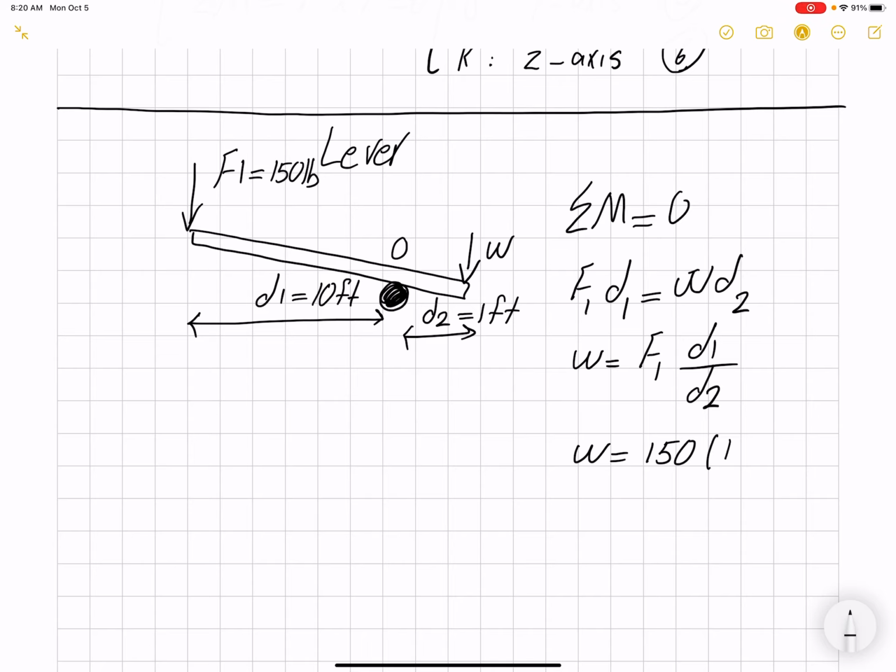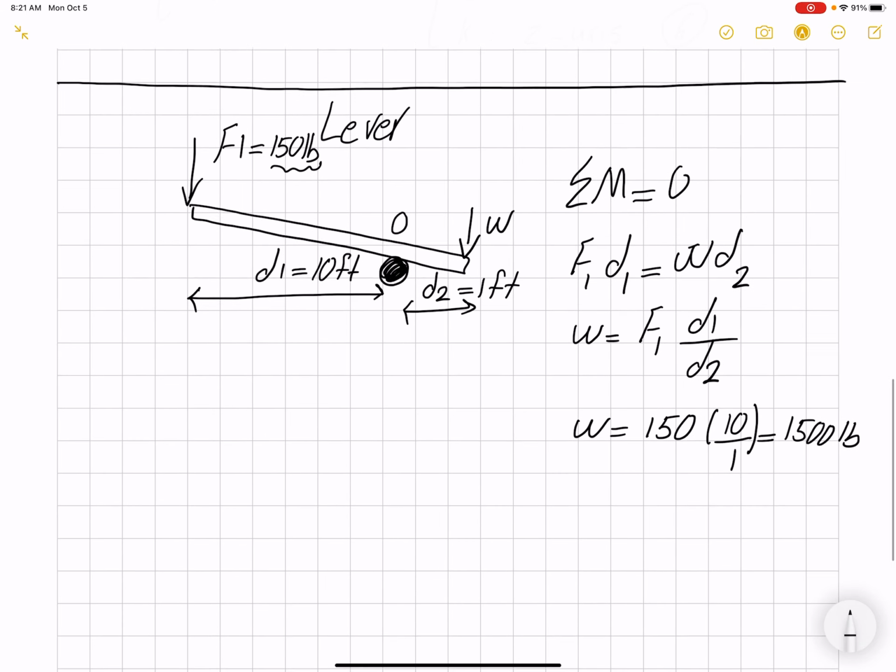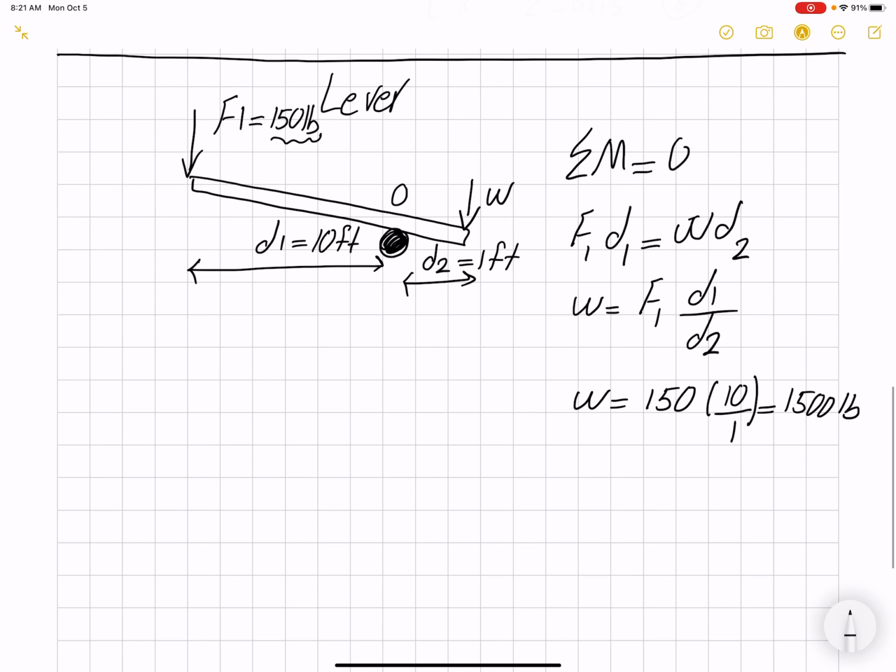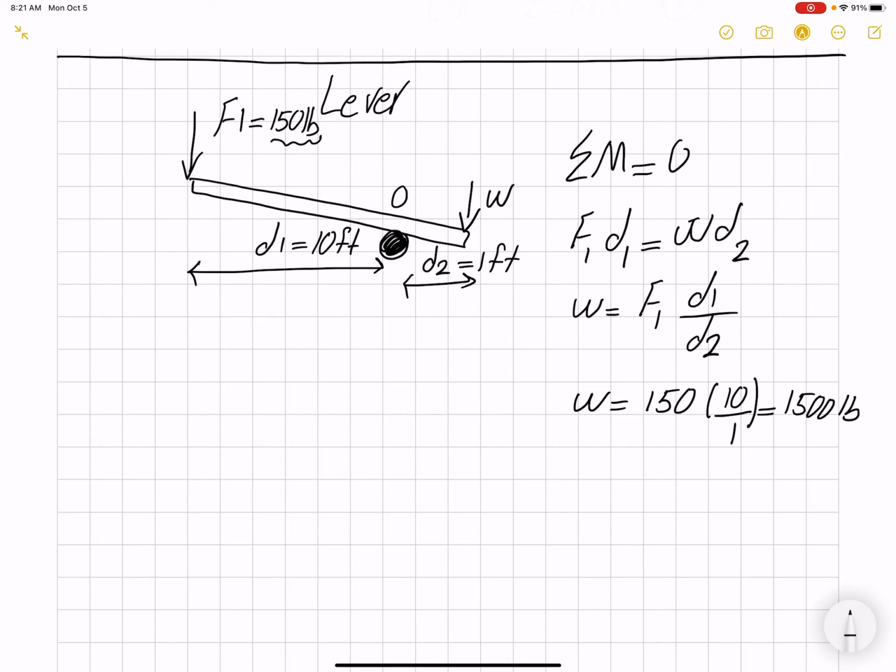That would be 10 divided by 1, so 1500 pounds. So we can see a simple lever can lift 1500 pounds if you're only applying 150 pounds. That's the power of a moment. The force applied is much lower than the force that we want to lift.